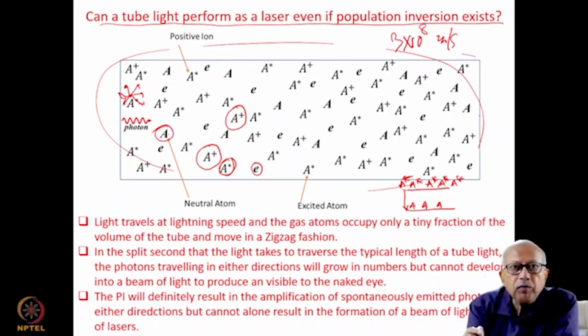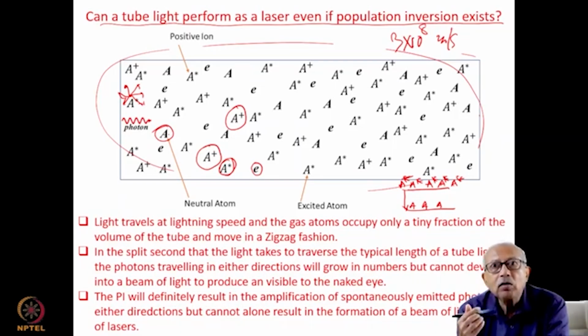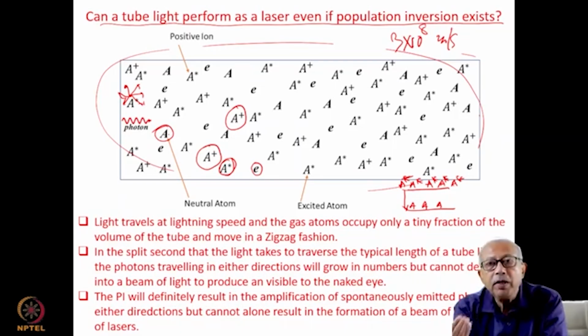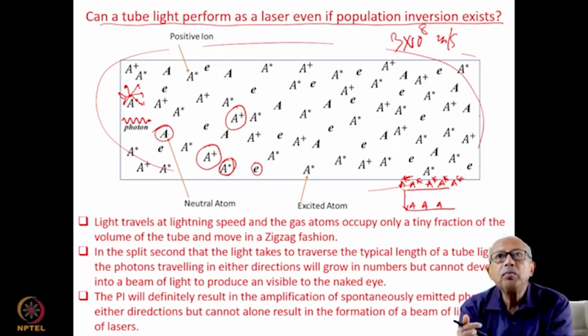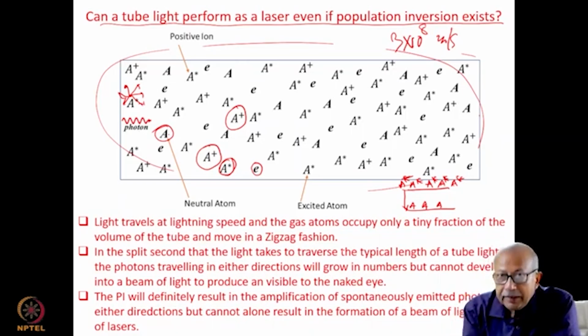But there will be amplification, of course, because there is population inversion, but light cannot grow and develop into a beam where it can produce an effect which will be visible to the naked eye.